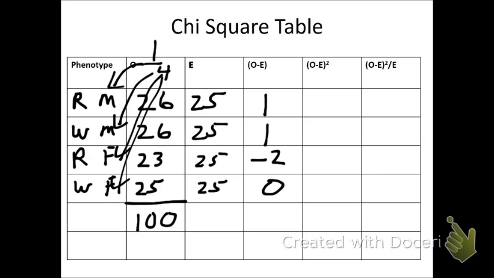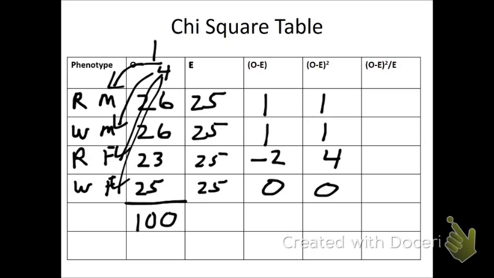Now we're going to go O minus E squared. So for the RM column, the red-eyed male column, that would be 1 squared. For the white-eyed male column, again, that would be 1 squared. For the red-eyed female column, it would be -2 squared. Remember, when you square a negative, you get a positive. And then this one would be 0. Finally, O minus E squared all over E. So for the red-eyed male column, that would be 1/25.